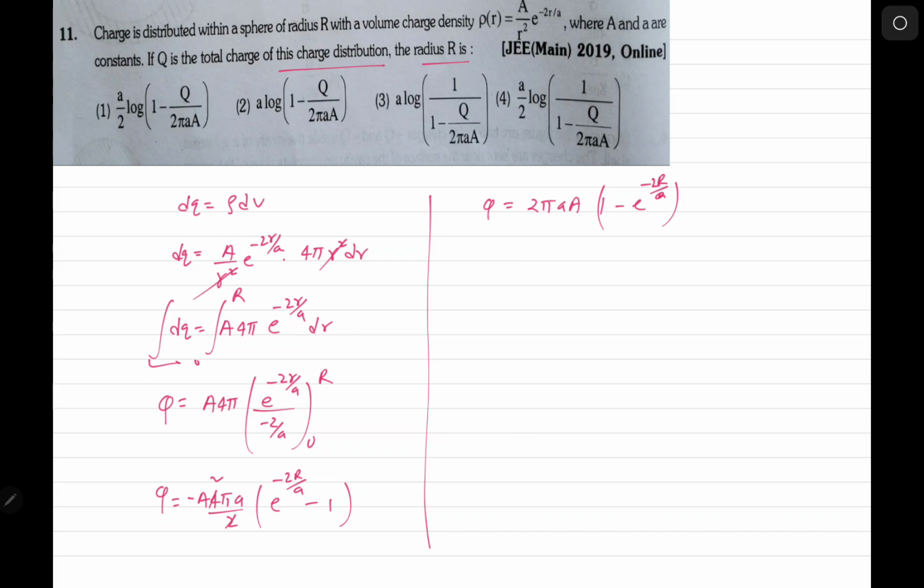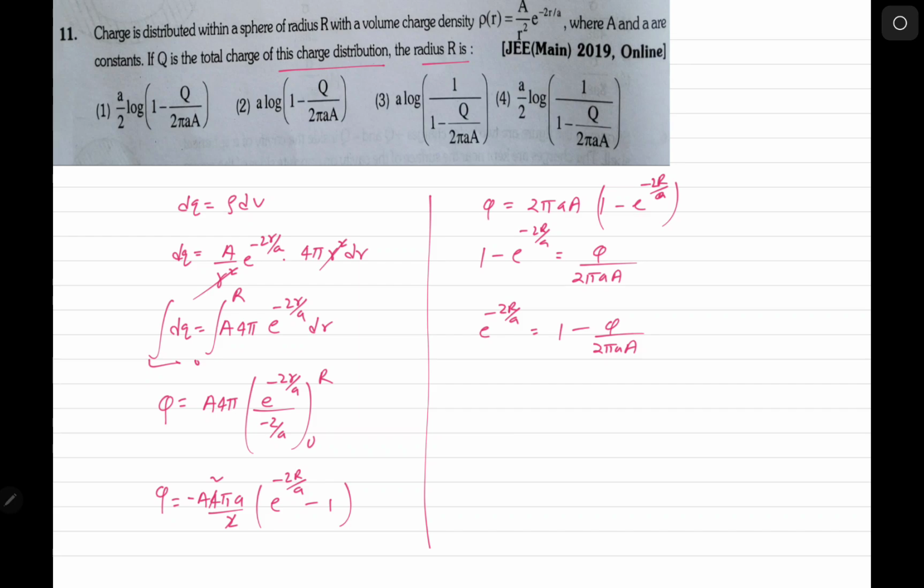Now take this side: 1 - e^(-2R/a) = Q/(2πAa). Exchange right side and left side: e^(-2R/a) = 1 - Q/(2πAa).